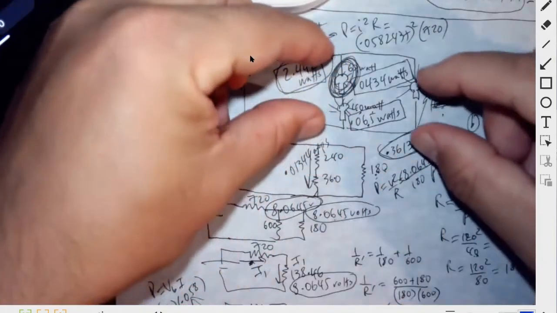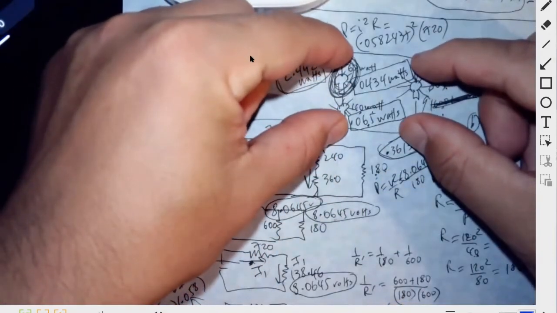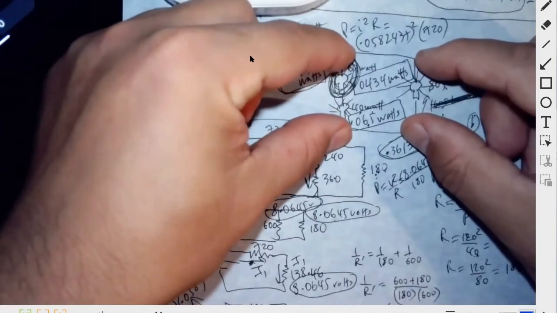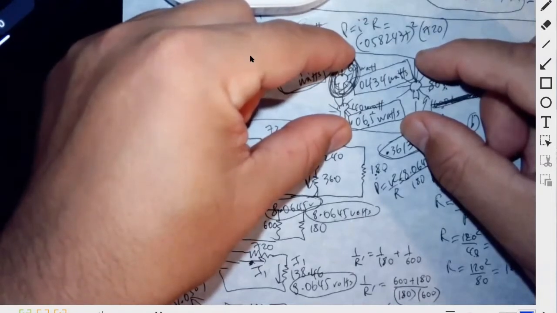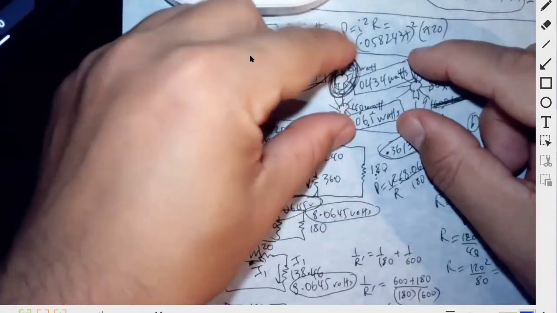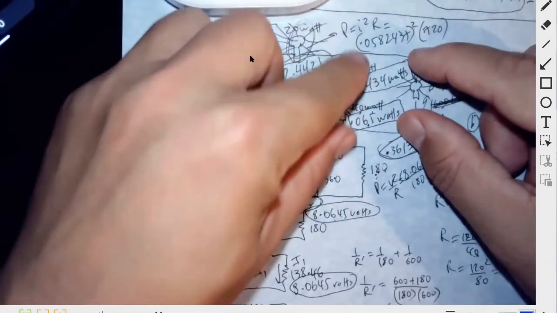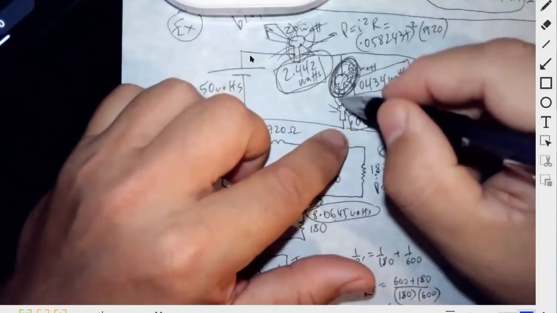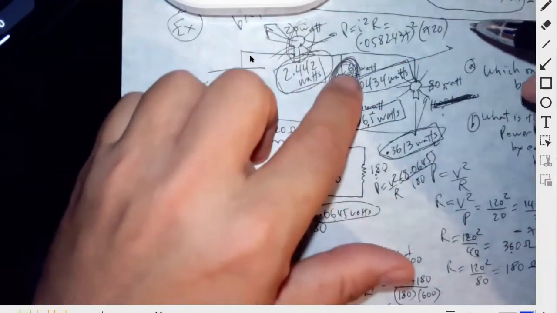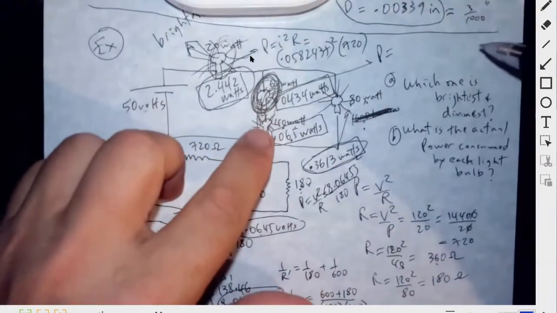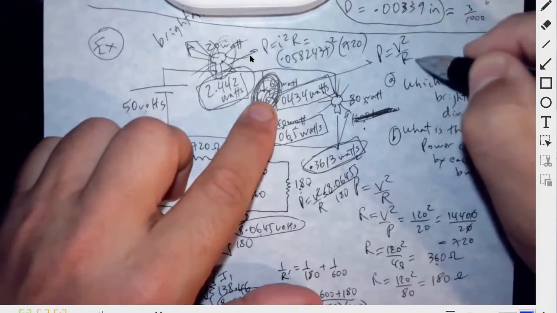So now we know that these two are in parallel, right? So what about them is the same when they're parallel? Their voltages. So the power consumed by this is V squared over R, and the power consumed by this is V squared over the combined R. Together, the power consumed by both of them is V squared over their net resistance.